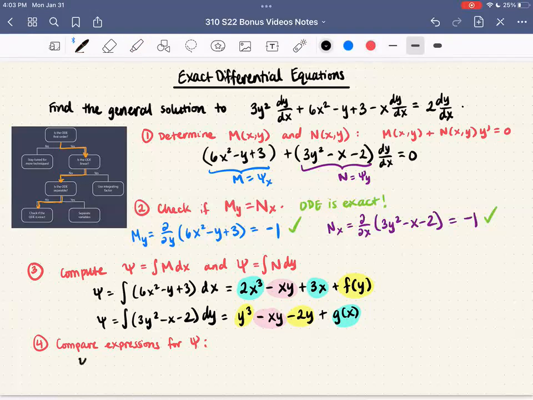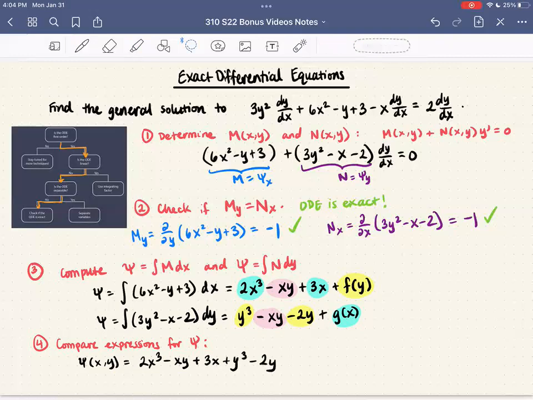I know that psi of x comma y is going to be 2x cubed minus x times y plus 3x plus y cubed minus 2y. I don't need to include both xy terms, because they're both accounted for already. So I've got 2x cubed minus xy plus 3x plus y cubed minus 2y.